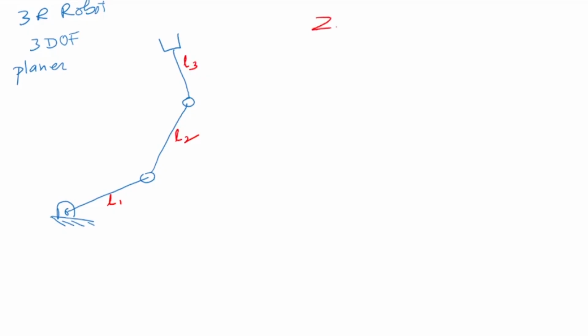The z-axis is the axis of rotation or translation. Now in case of a 3R, meaning 3 rotation joints, the z-axis is pointing outward. This is z0 and z1. z0 is the fixed frame which is not moving, and z1 is the first axis which is fixed onto the first link. This is my z2, this is my z3.